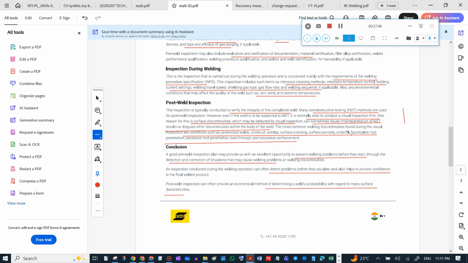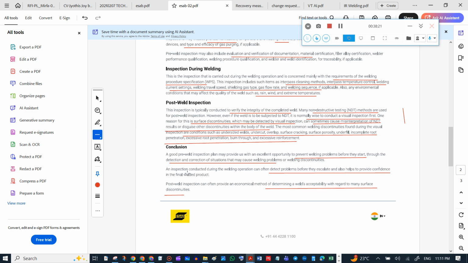Most common discontinuities found during the visual inspection are undersized weld, undercut, overlap, surface cracking, surface porosity, underfill, incomplete root penetration, excessive root penetration, burn through, and excessive reinforcement. All these things we can find through visual inspection. If they are not found, the NDT results can be misinterpreted or can disguise other discontinuities within the body of the weld.